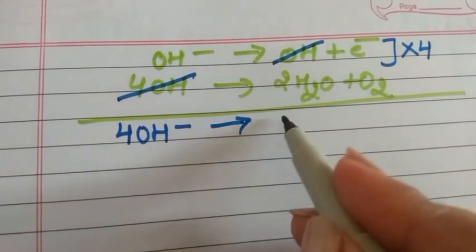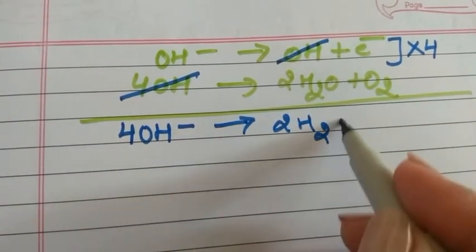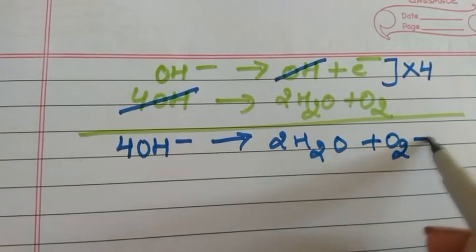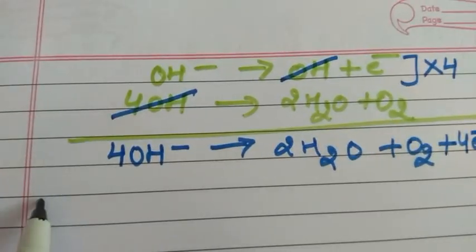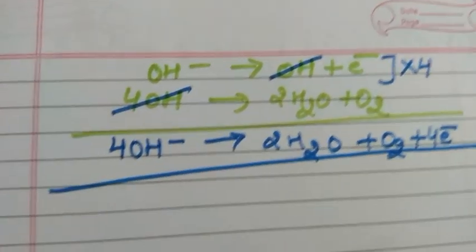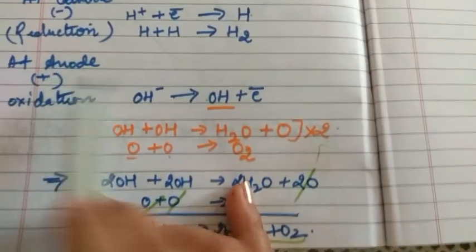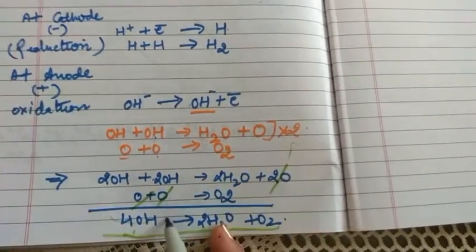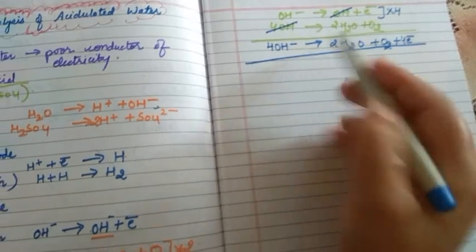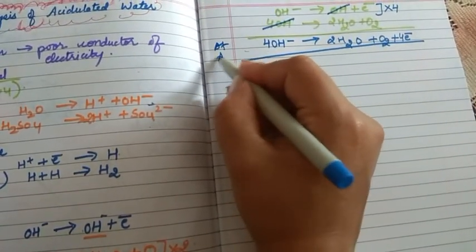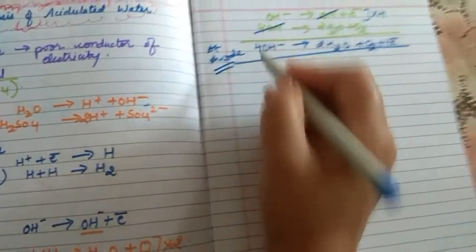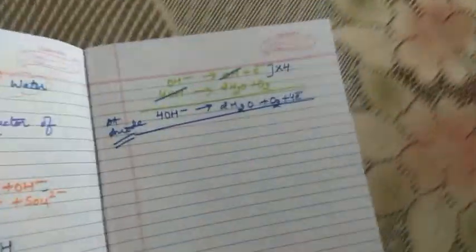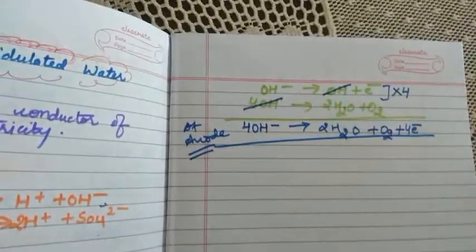This will give 2H2O plus O2 plus 4 electrons. So this is the overall equation at anode, starting from here, then this step, and adding both, we get this main reaction at anode. Don't cram this reaction, it can be done like this. So this is the reaction at anode.